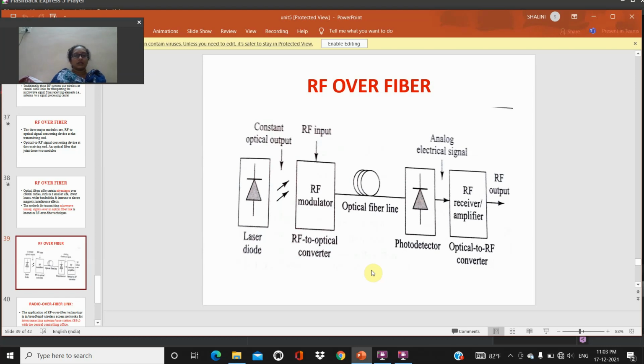We give the RF input to the optical fiber line and get the RF output. This is radio frequencies over fiber.